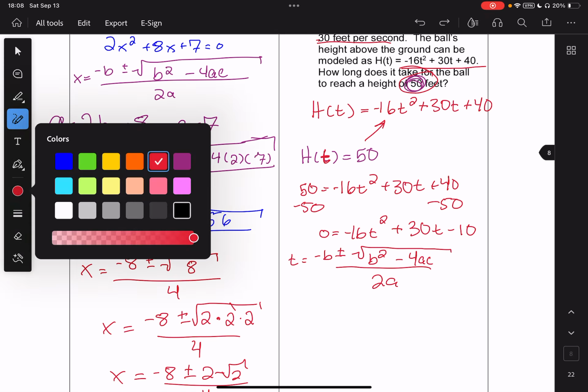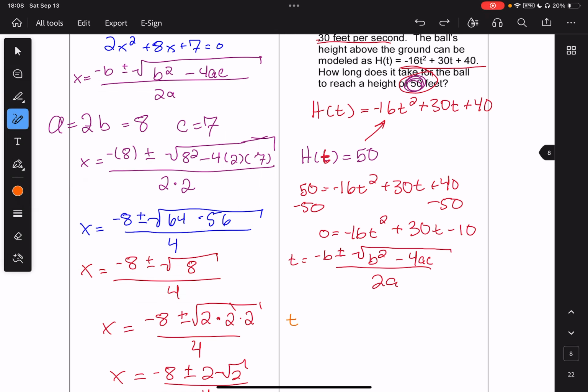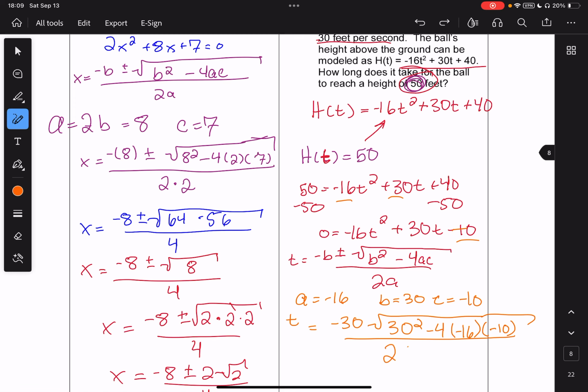So t, first let's find our a, which is negative 16, our b, which is 30, and our c, which is negative 10. So t is equal to negative b, negative 30, plus or minus the square root of b squared minus 4 times a times c, all over 2a.